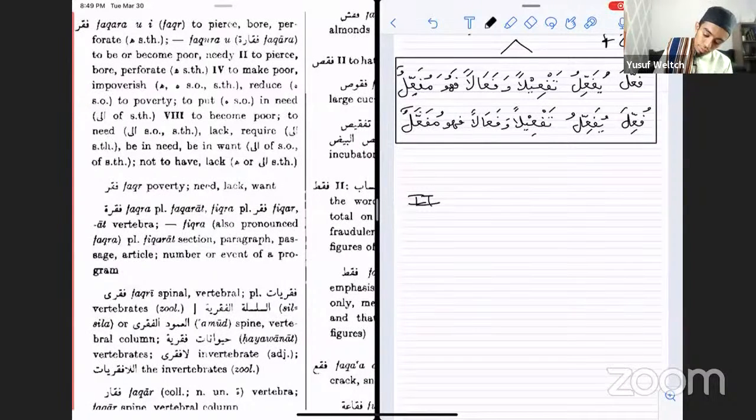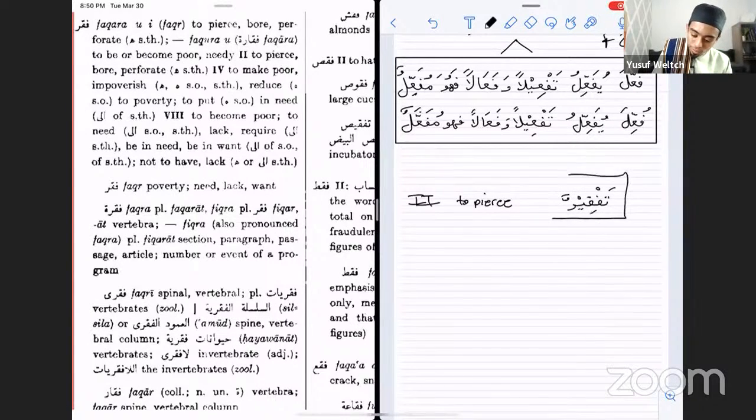To pierce. Right. What is the masdar for form 2? It's on the screen. Taf'il. Good. So that word right there is the meaning of tafqir. Tafqir means to pierce something.